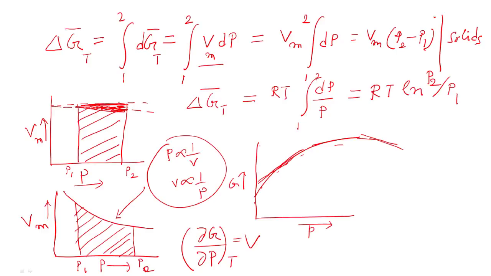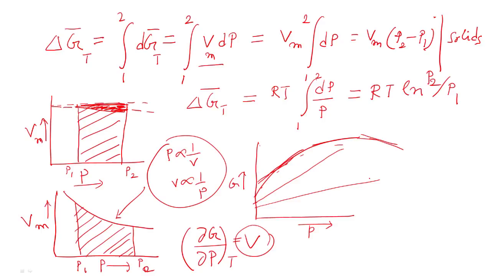However, for solids and liquids, the change in the volume with respect to pressure is not that much. Overall, remember that V is a positive quantity, that's why you have a positive slope, but the slope itself is changing. So that's why I had a curve like this, and for solids it almost doesn't change.